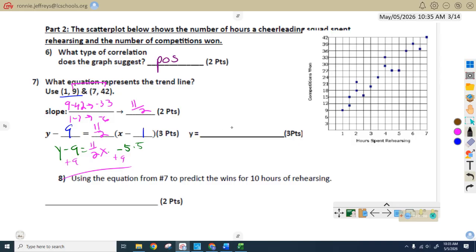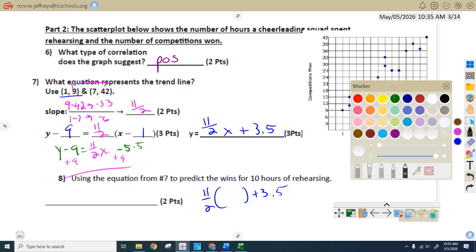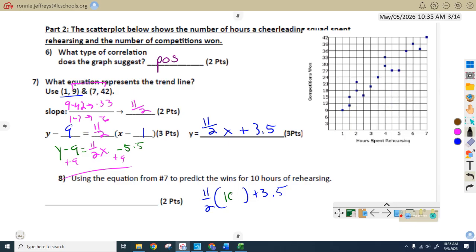So this would be 11 over 2 x plus 3.5. So that changes that to, let's see, 5.5, that's 55 plus 3.5. So 58.5.